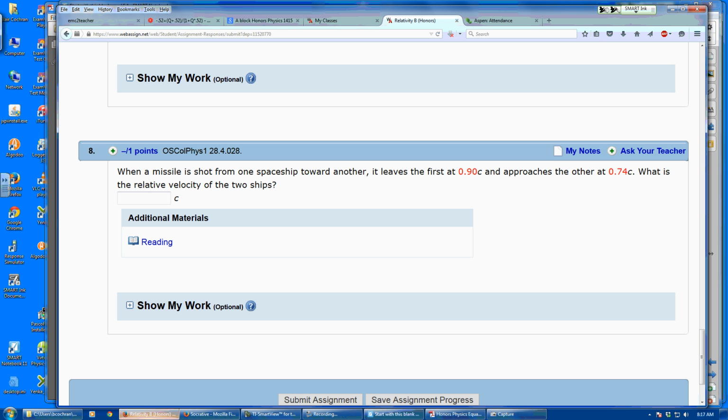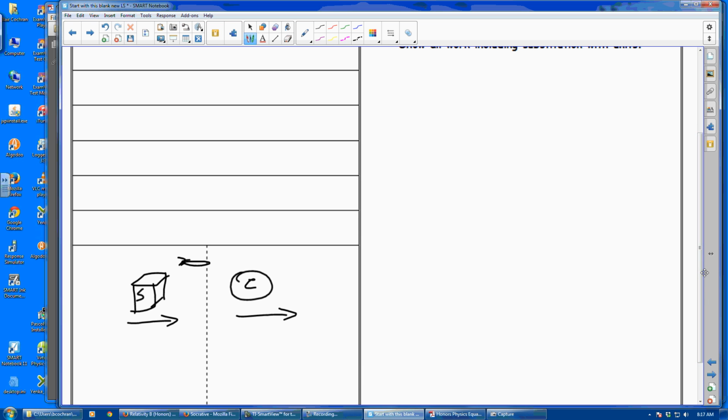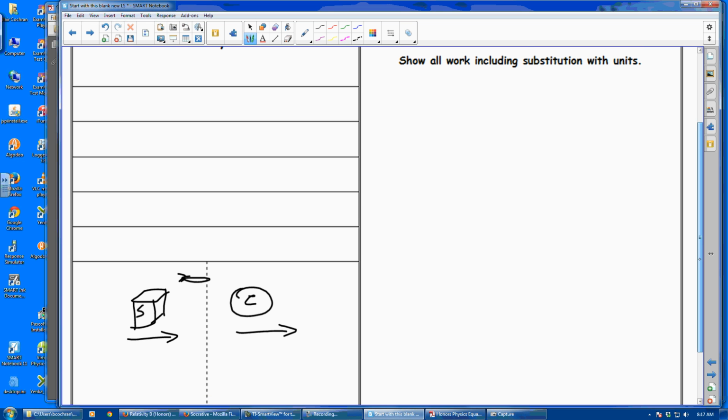And let's see, missile is shot from one spaceship towards the other. It leaves the first at this point towards the other. Oh, okay, so as viewed from the velocity of the missile, this is always good to get down. Which one do you want to say is the stationary one? We'll say the first one, the square one, our square ship.